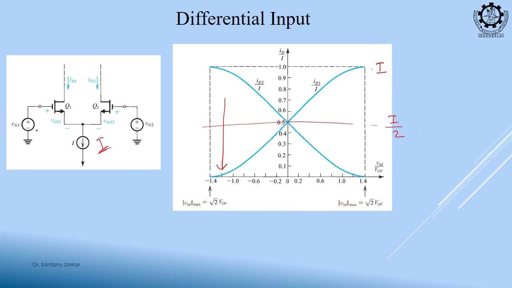So, I said that suppose your differential input is increasing on this side and decreasing on this side, so this current will increase on this side and decrease on this side, but this should look symmetrical.